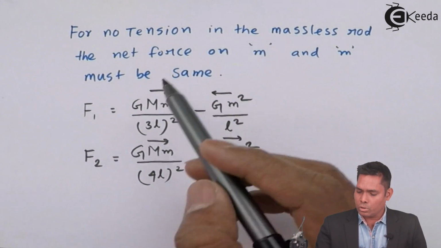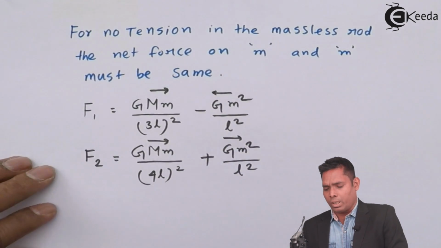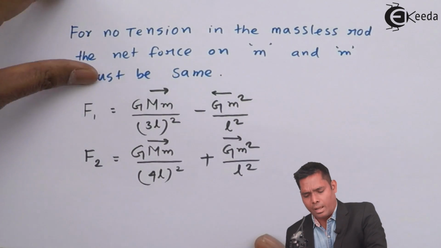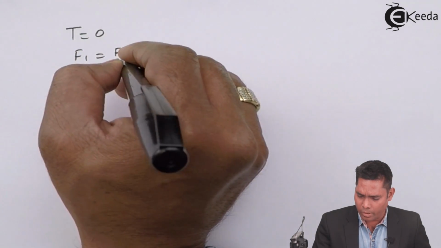Now these two forces must be same. If I equate those two forces, then for tension to be 0, F1 has to be equal to F2.